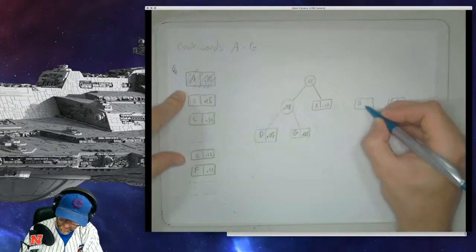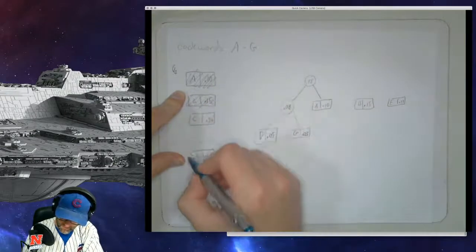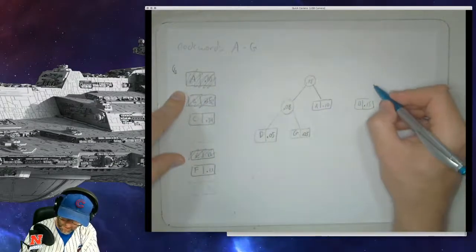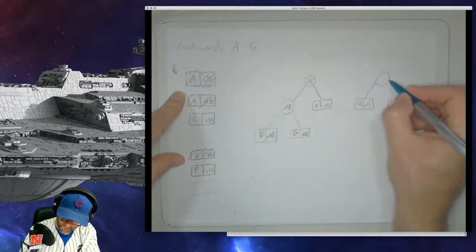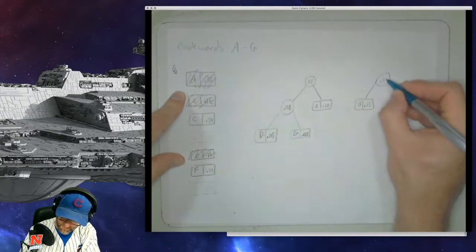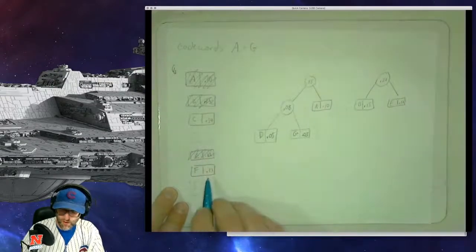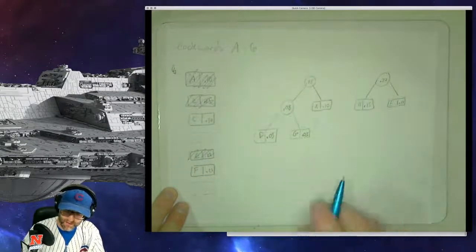B has 0.15 and E has 0.12. Right? B is gone, E is now gone. And they've been combined into a new root node of the sum of these 2, which is going to be 0.27. Okay? Now I'm left with only 2 single node trees and these 2 trees over here.